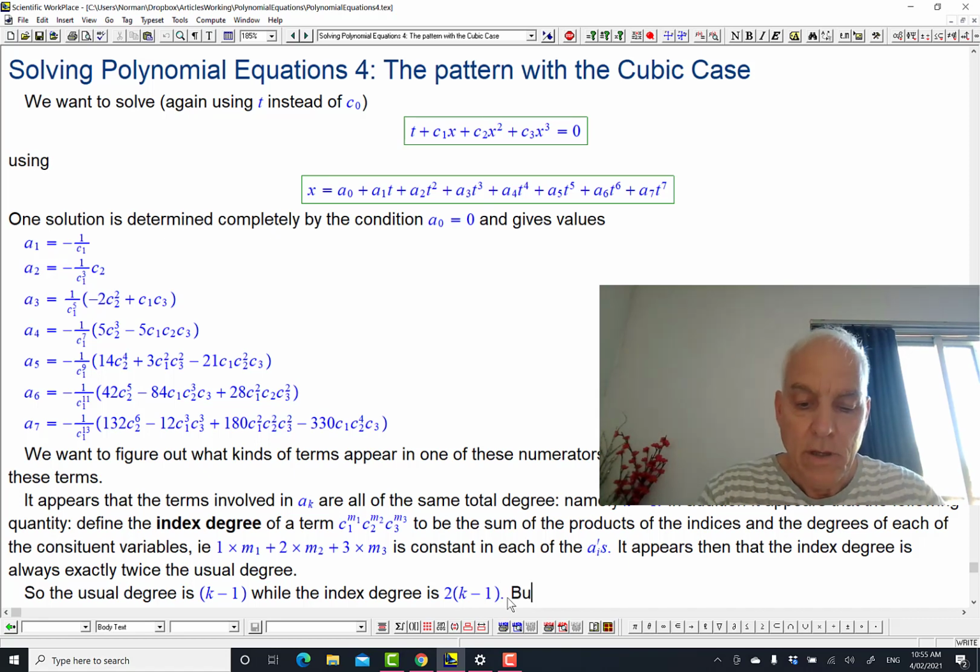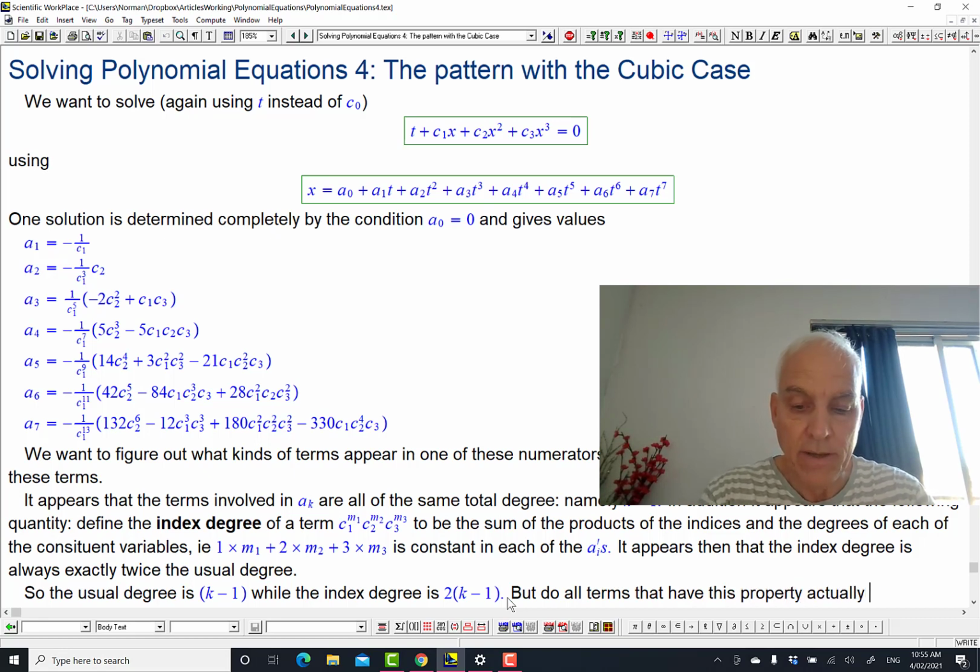But do all terms that have this property actually appear? Each of the terms that are appearing here has this property, that the degree is a certain thing and the index degree is something. But maybe there's some other term that's not on this list which also has this property.